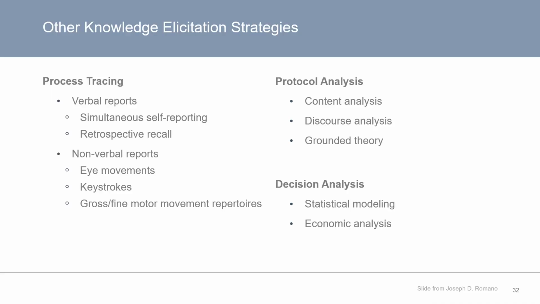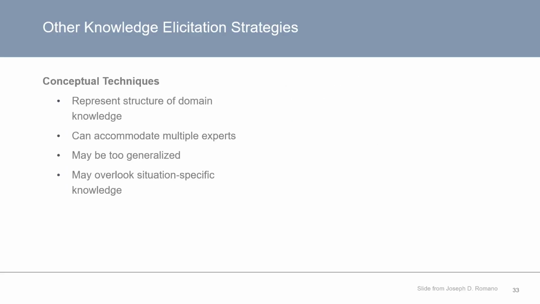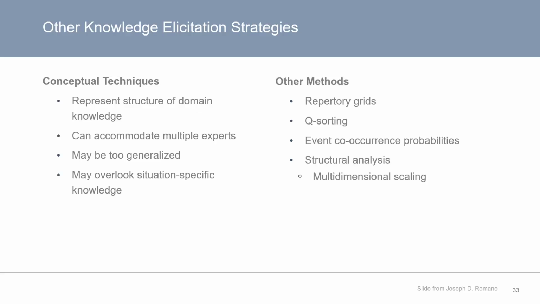Or decision analysis, including statistical modeling or economic analysis. Furthermore, we have conceptual techniques, where we represent structure of domain knowledge. This can accommodate multiple experts, but it can be too generalized and can often overlook situation-specific knowledge. And lastly, other methods might include repertory grids, queue sorting, event co-occurrence probabilities, and structural analysis such as multidimensional scaling.